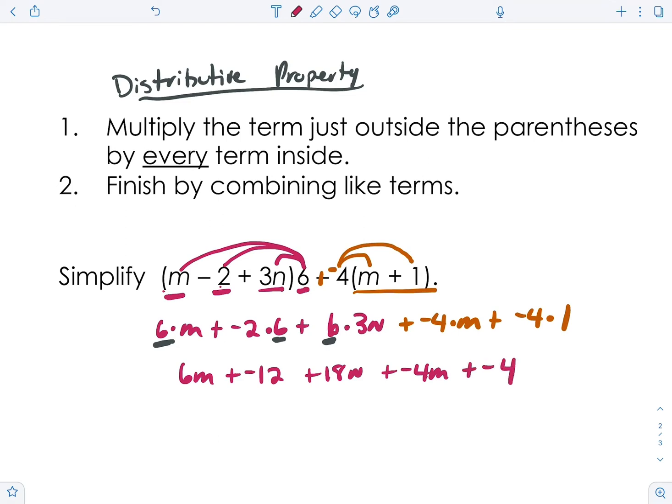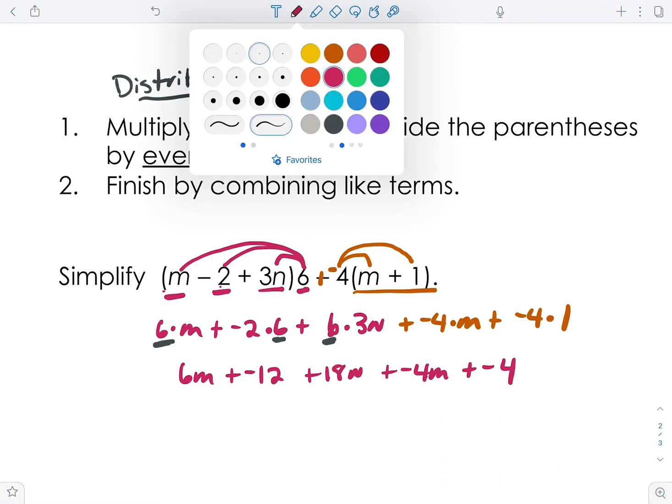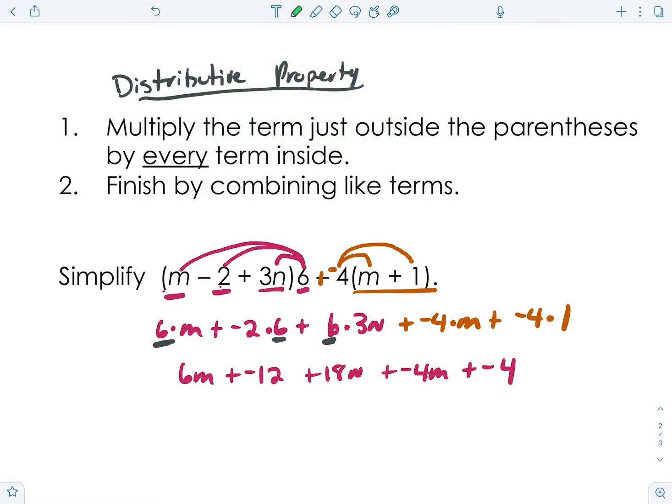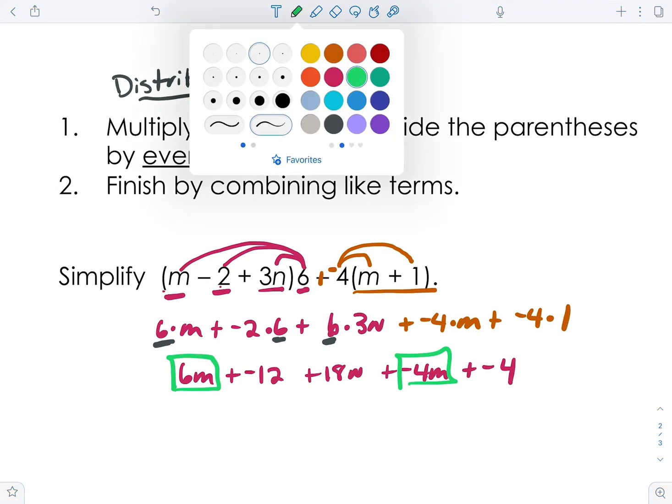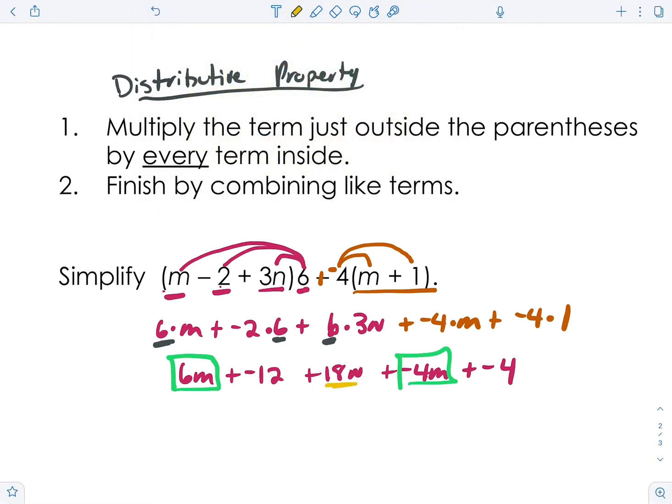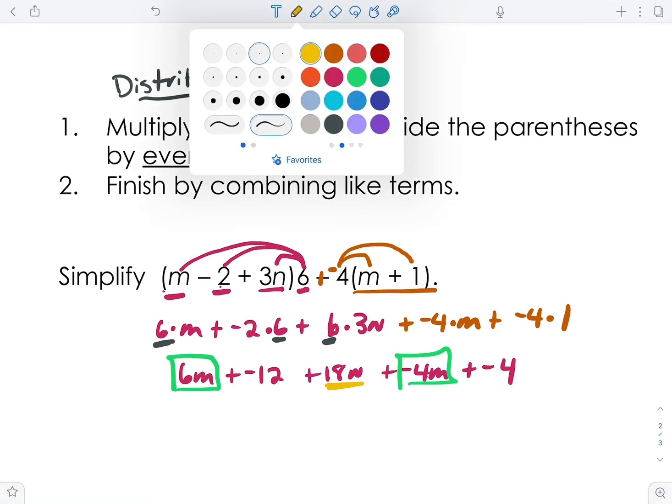We combine like terms here. So that becomes, we put all our m's together, right? We put our n's together if possible. But the only one I see is right here. And then we put our constants together.